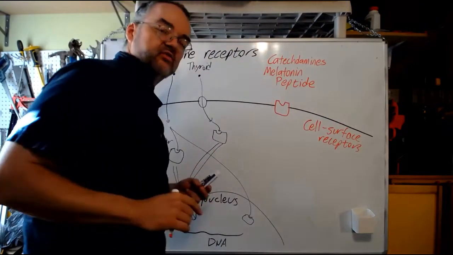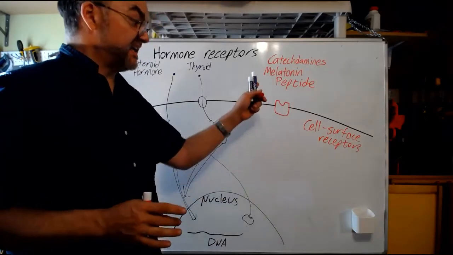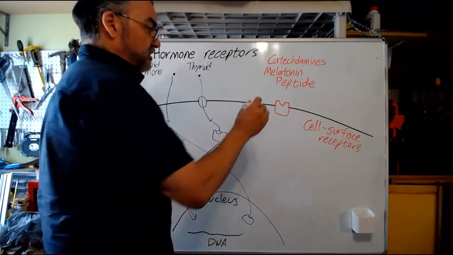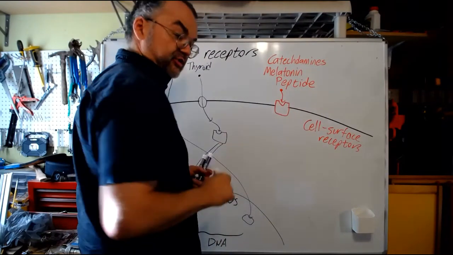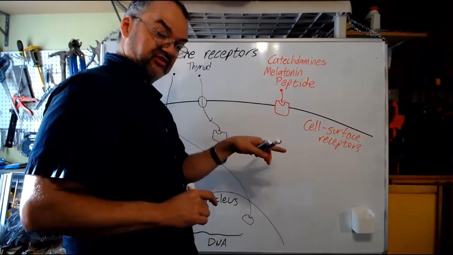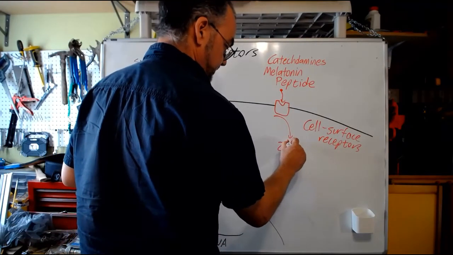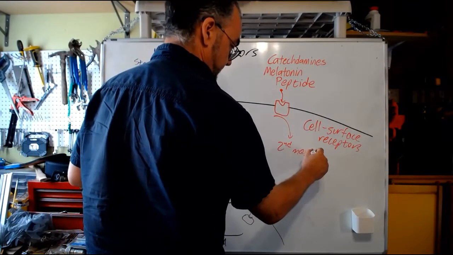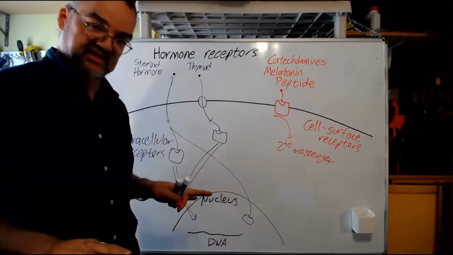So these, which are hydrophilic, and in the case of peptide hormones usually large, cannot cross the cell membrane, which means these kinds of hormones have to bind to a cell surface receptor. They never actually enter the cell. And the cell surface receptor will produce some kind of second messenger, which will then have some kind of effect in the cell.